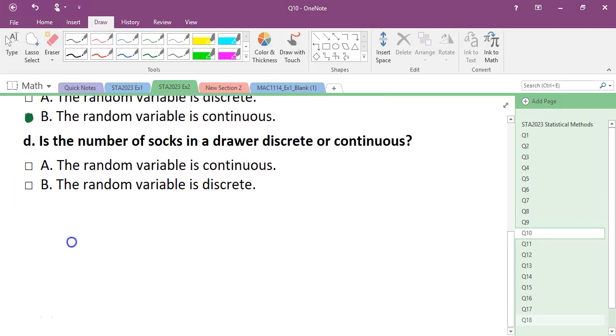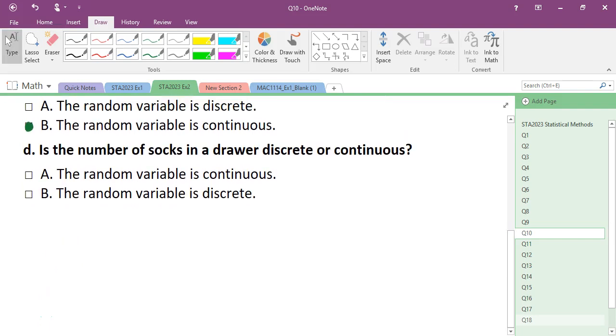I can have lots of different lengths. The number of socks in a drawer. Definitely discrete. Oh, sorry, I marked continuous. Go away, little dot. Definitely discrete. Either I have a certain amount of socks in there or I don't. Okay? Perfect.